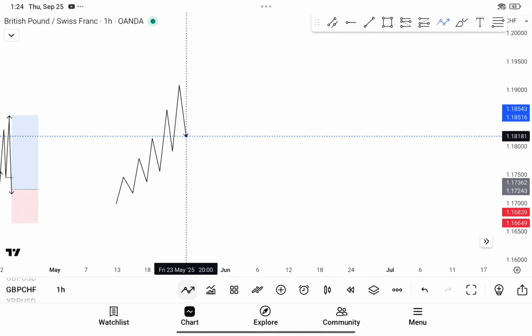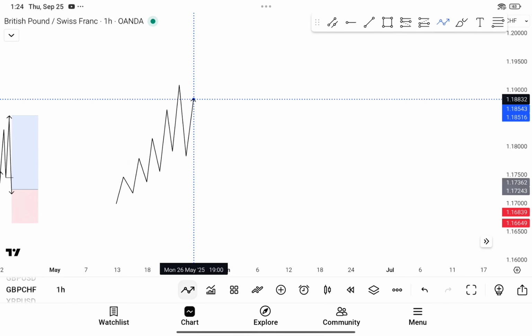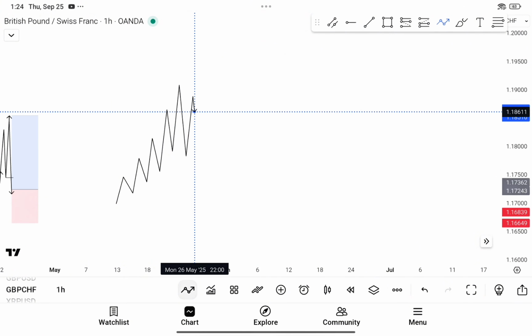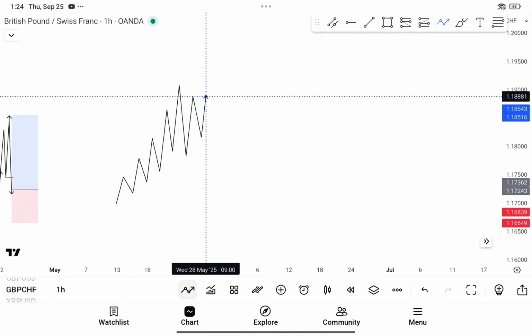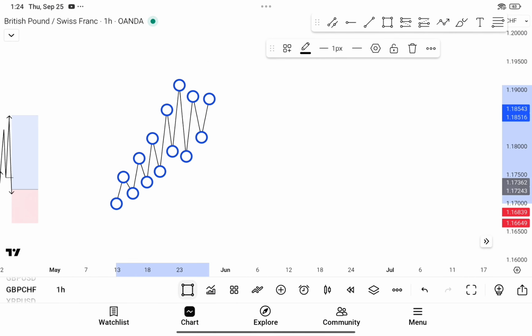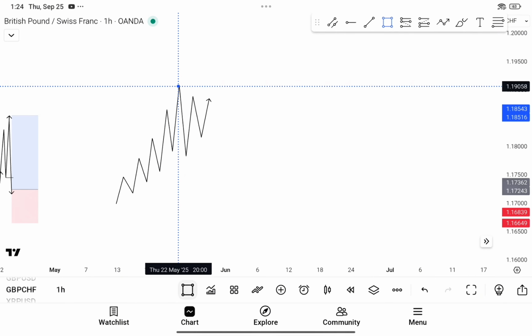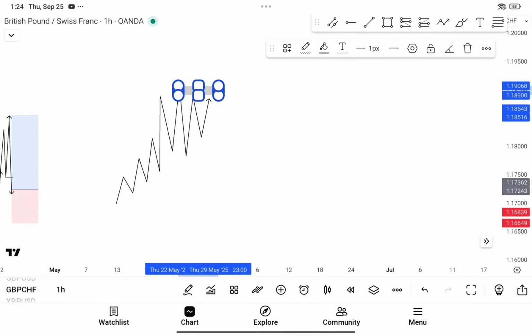And eventually you see something like this. We map this as our order block. Wait, okay, something like this. Map it as our order block.